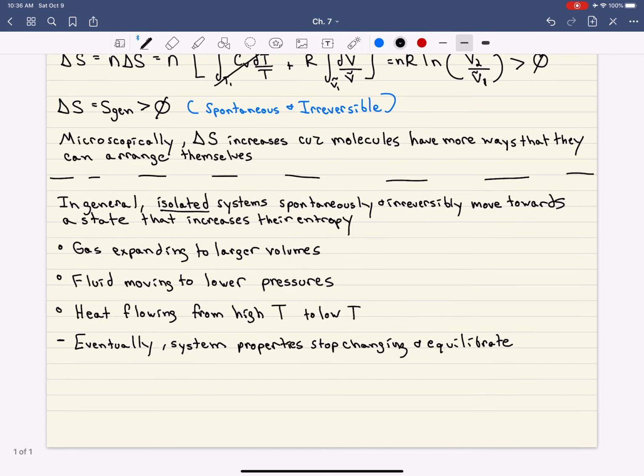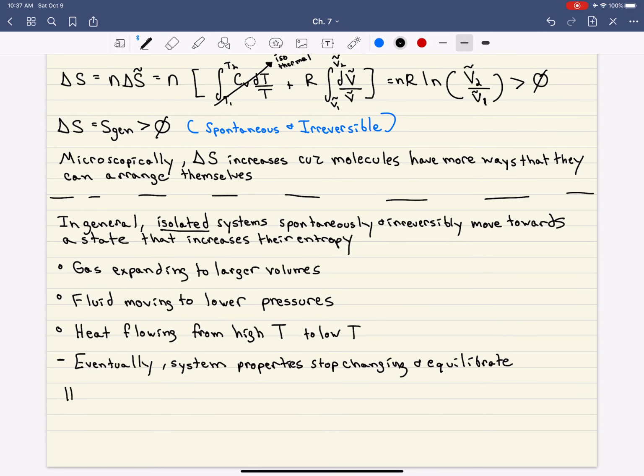And so based on this observation, we can make a hypothesis. When these systems stop evolving, we say that they're equilibrated, or that they've reached equilibrium.